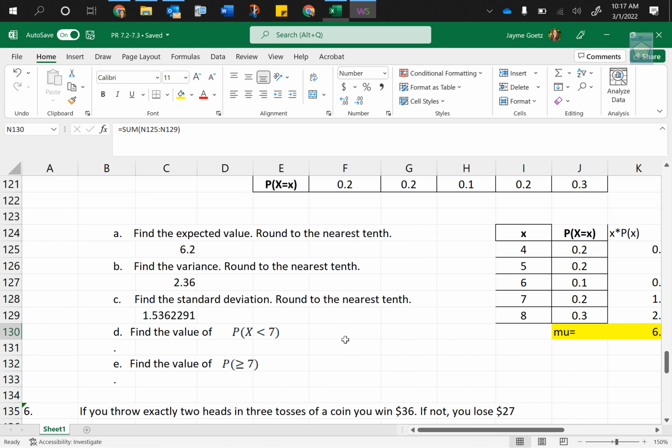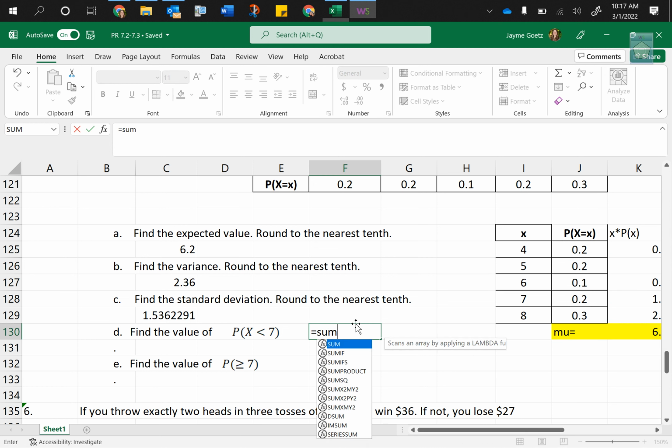And then for part D, it wants me to find the probability that our random variable is going to be less than 7. For that, we're going to go back to our original table. You can go to this one up here, but we're just going to focus here. The probability that it's going to be less than 7 would be these three together, right? So we're just going to find the sum of these three.